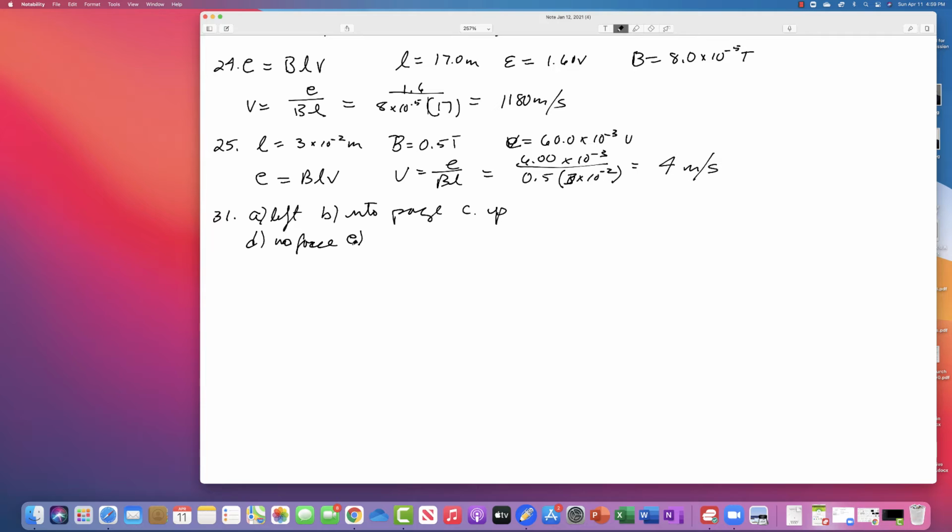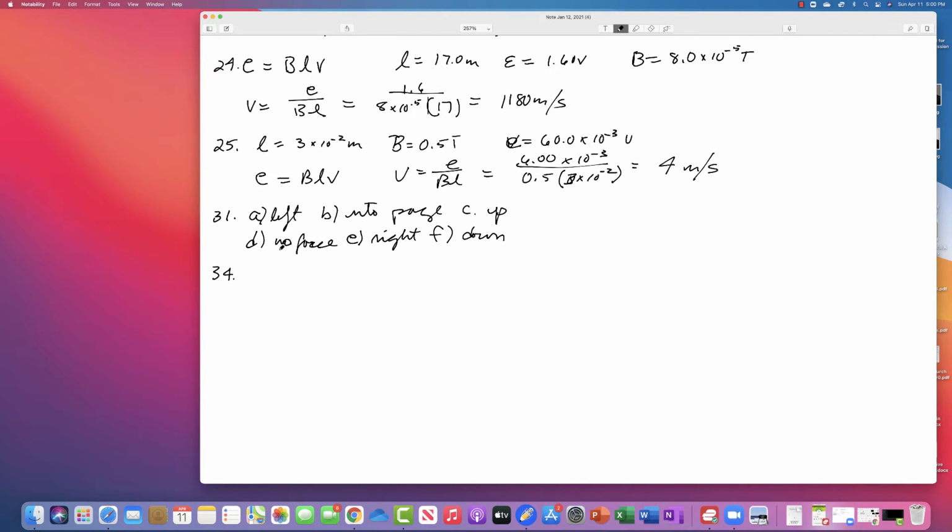E, now the field is going up, and your thumb is going into the page. So that means you're to the right. And then the answer to the last one is down. And again, if you don't understand these, we can go over these again in class.